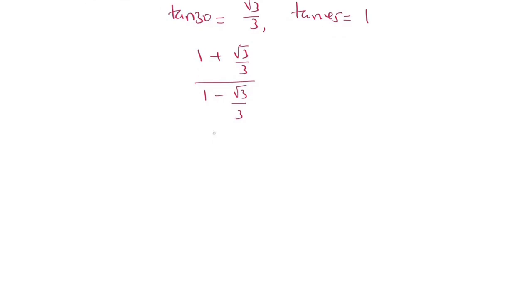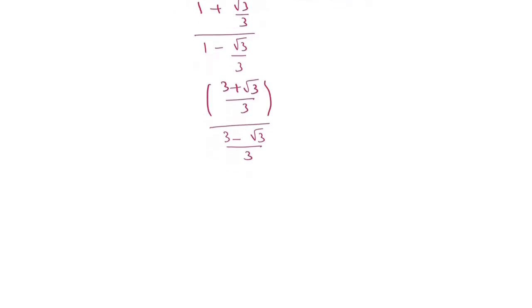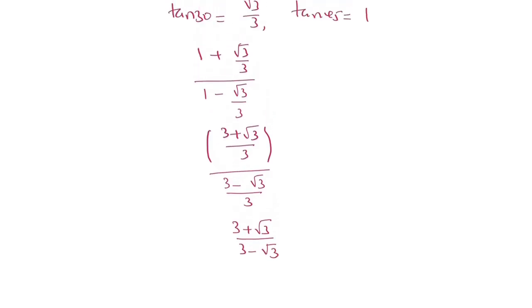Then our expression is going to be in brackets 3 plus under root 3 over 3 over 3 minus under root 3 over 3. Simplifying this, we are having 3 plus under root 3 over 3 minus under root 3. And this is going to be our answer.